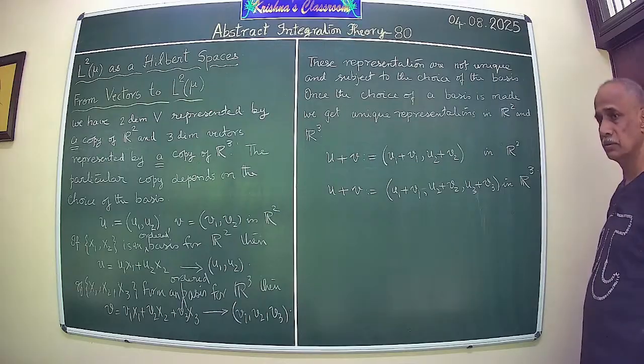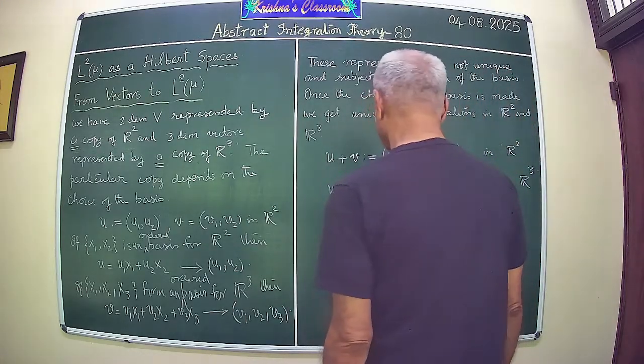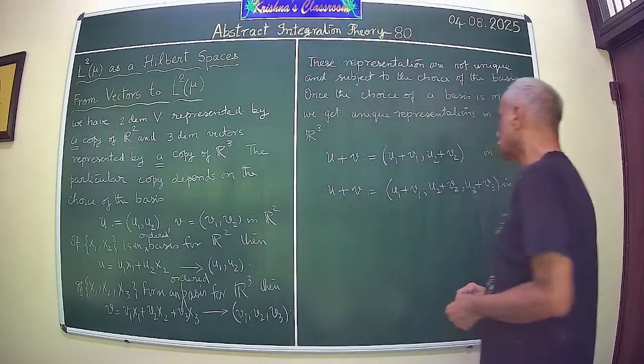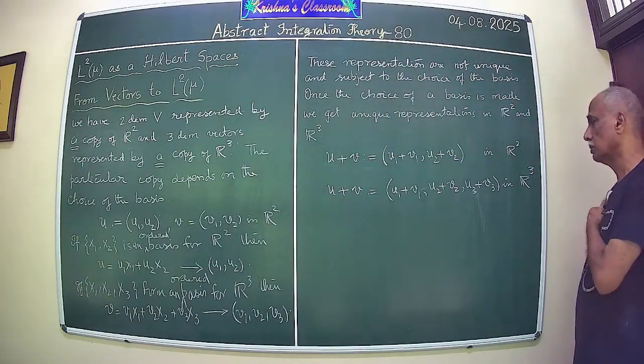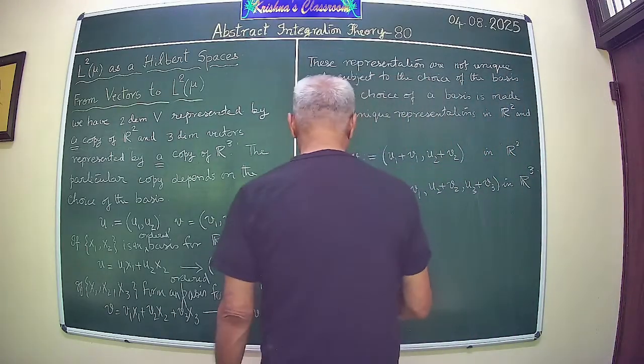These are for three-dimensional vectors. Okay. This is the rule of addition. Scalar multiplication is similar.